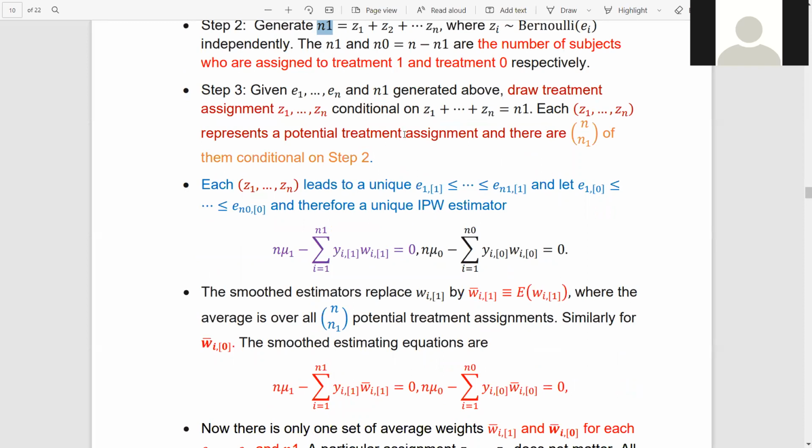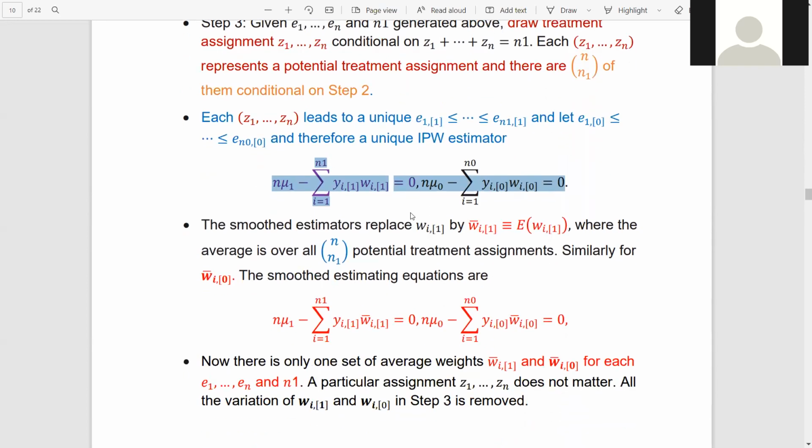And so after we get this, each sequence of Z1, Z2, and Zn will lead to a unique IPW estimator, so this form. So now this one contains a huge variation. Just look at this, you have so many possible choices.